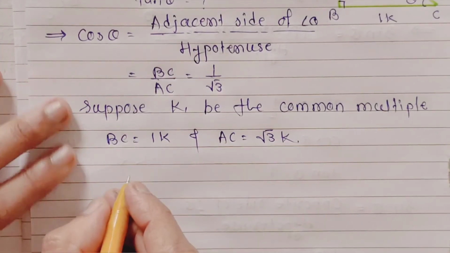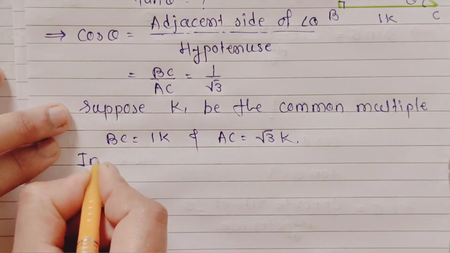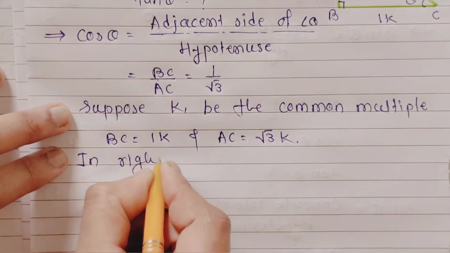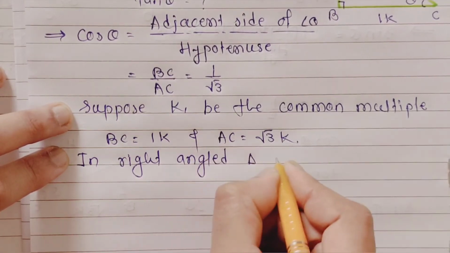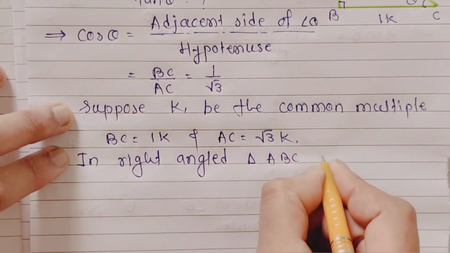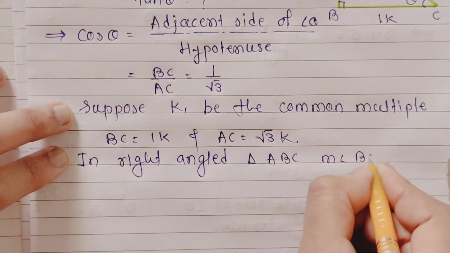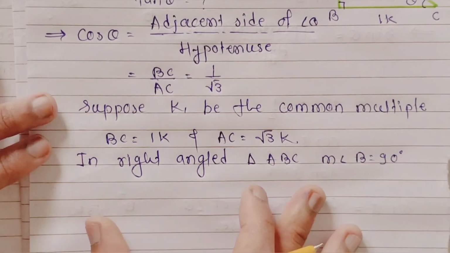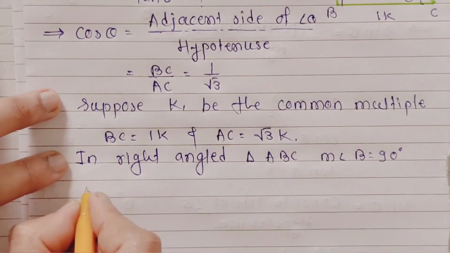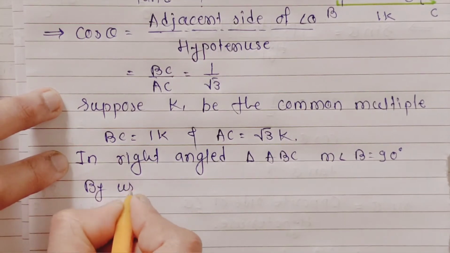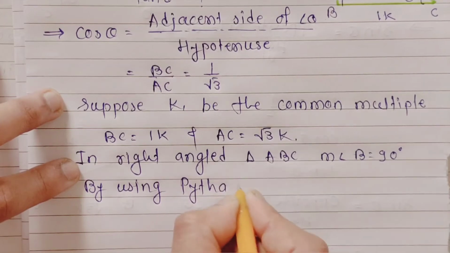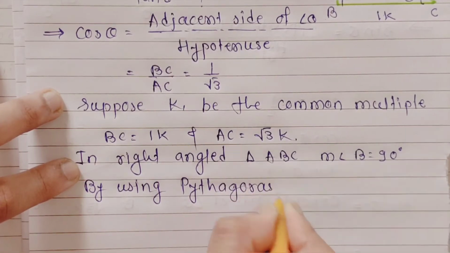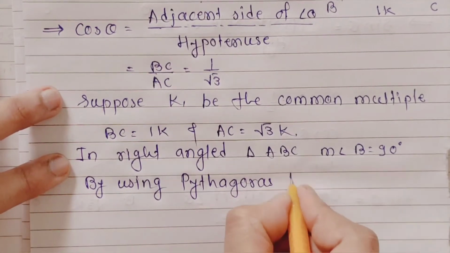So we can write in right angle triangle ABC, measure of angle B is equal to 90 degrees. So by using Pythagoras theorem, it is the same type of example of Pythagoras theorem.